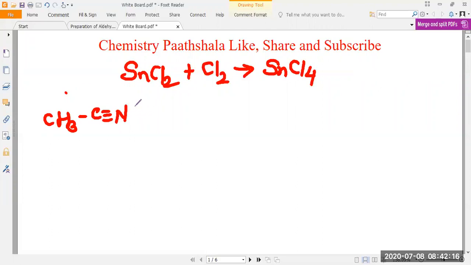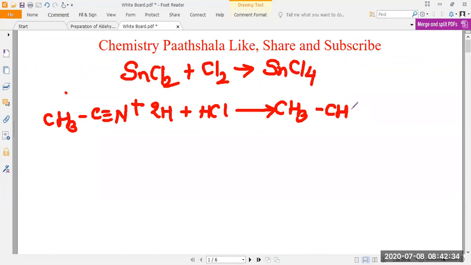Acetonitrile plus 2H and HCl form the imine hydrochloride. How is this compound formed? CH3 single bond CH double bond NH.